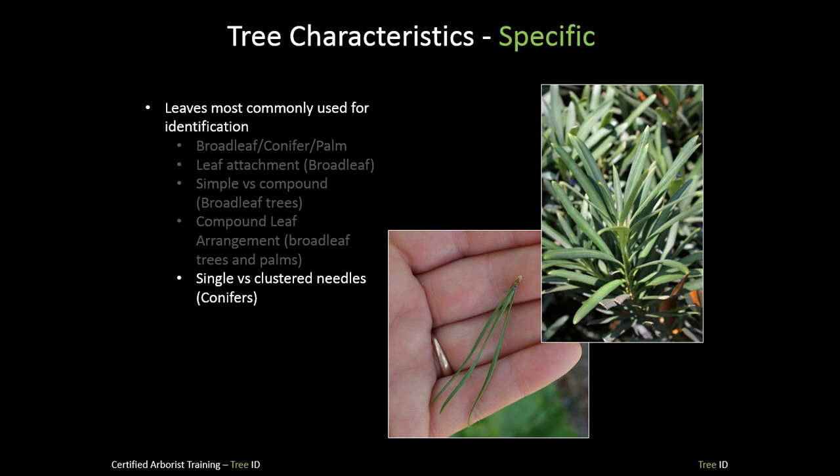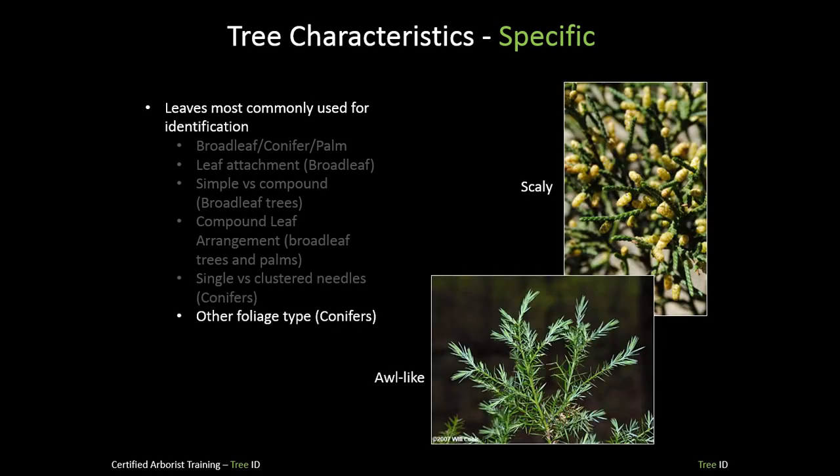As I said before, single versus clustered needles for conifers. Anything clustered is a pine, generally. And single-needled conifers could be things like the podocarpus that we have in the picture right there. You can have scaly foliage and awl-like foliage. So scaly, you can see looks like scales on a lizard.